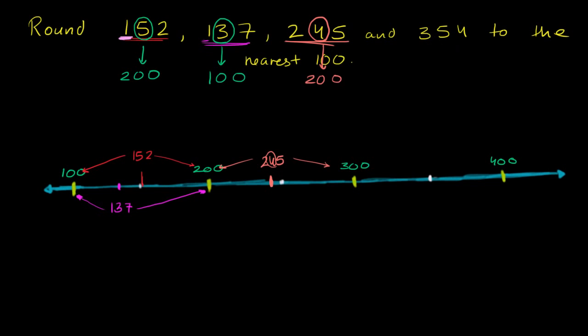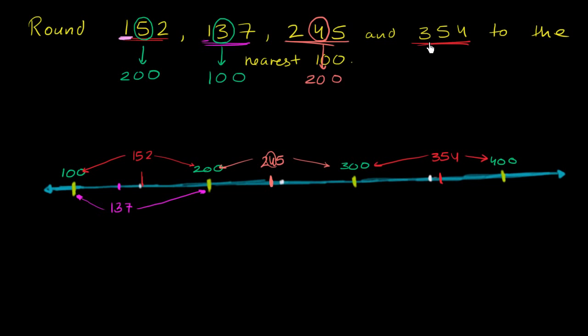Now let's think about 354. If we were to plot that, this is 350, so 354 might be right over here. If we rounded down, we would go to 300. If we rounded up, we would go to 400. Now let's apply our rule, and let's also think about it on the number line. This is all about finding the multiple of 100 that it's closest to.